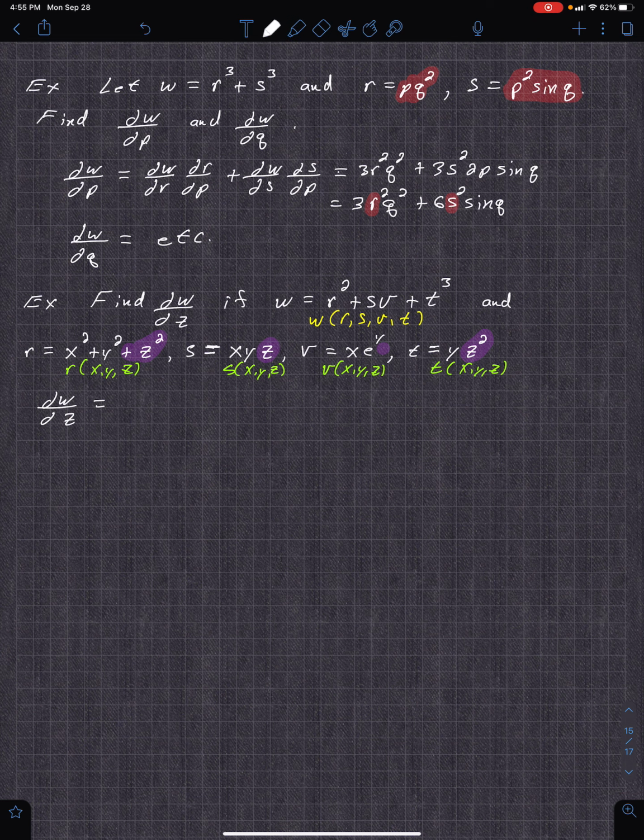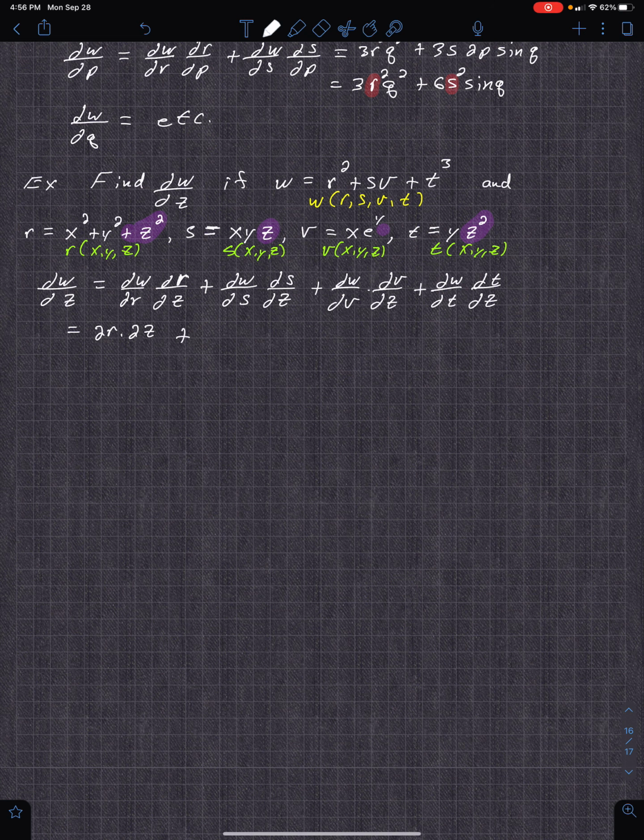This is equal to partial w r, which is 2r, times partial r z, which is 2z, plus partial w s, which is v, times partial s z, which is xy, plus partial w v, which was just s, times partial v z.